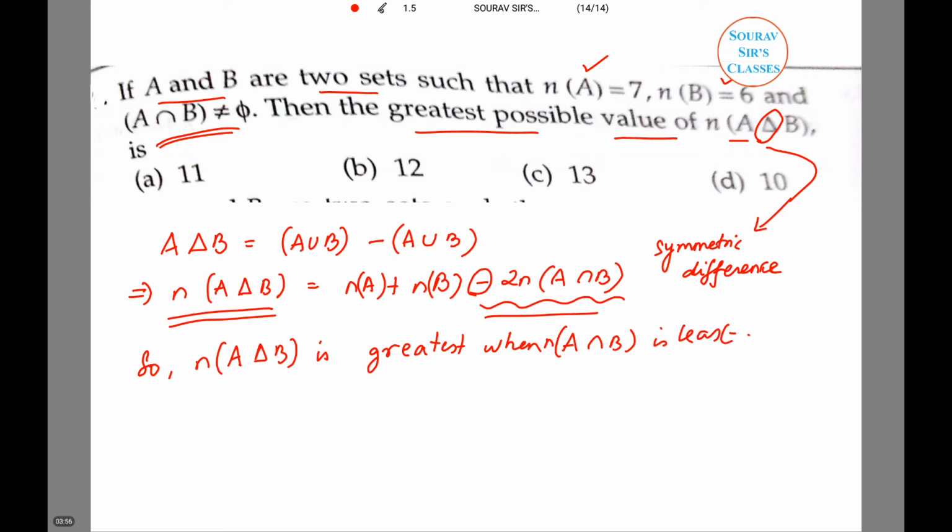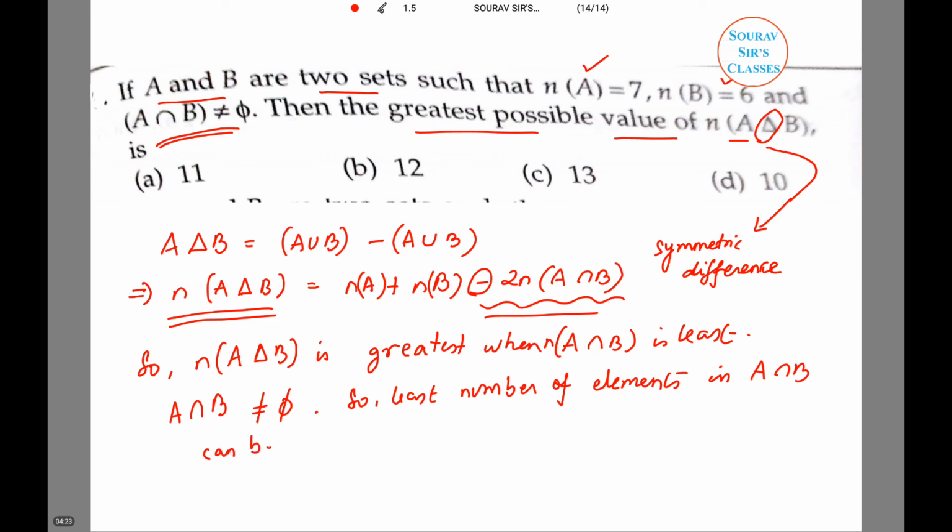Now it is also given that A intersection B is not a null set, so the least number of elements in A intersection B can be 1.